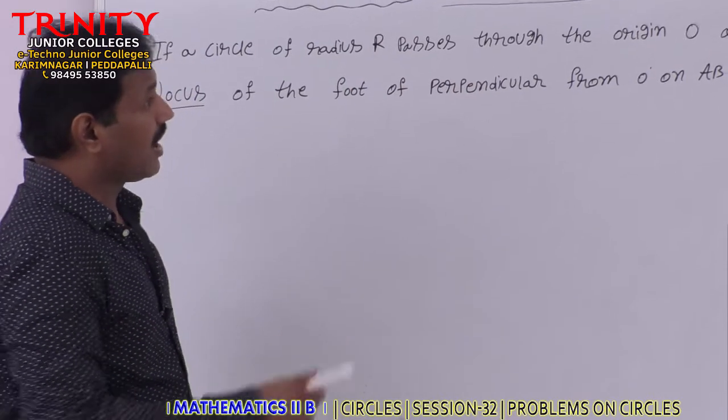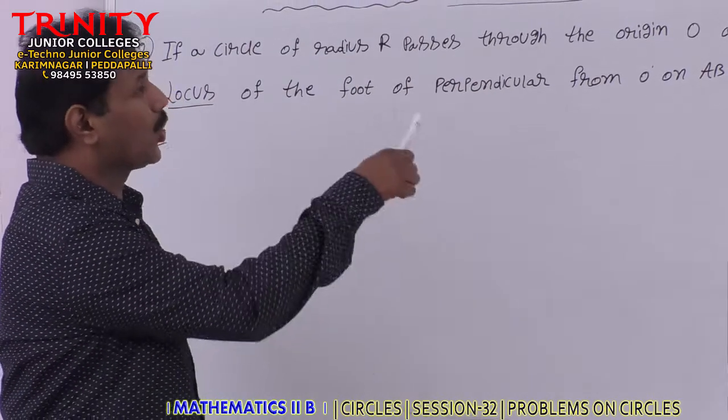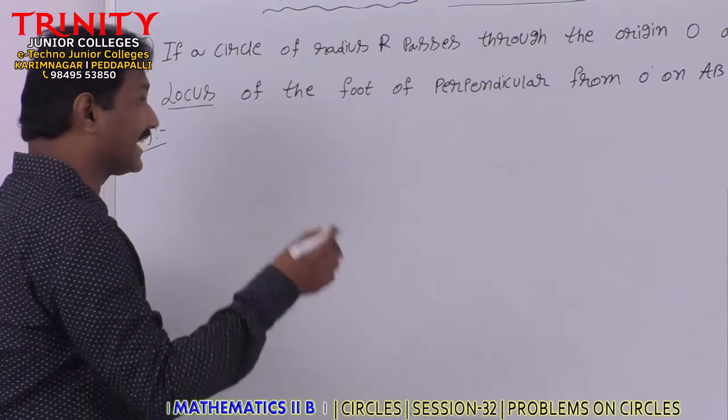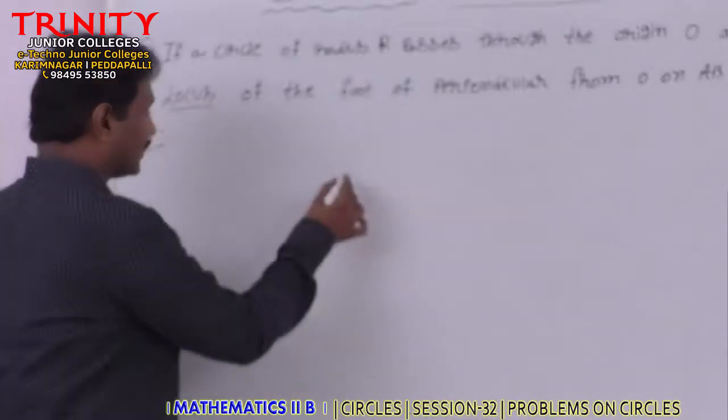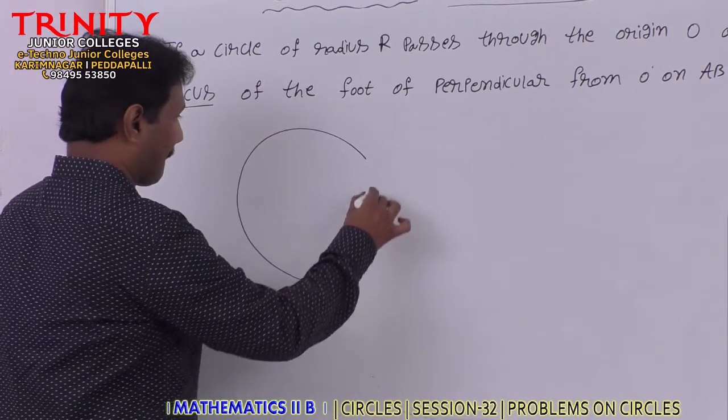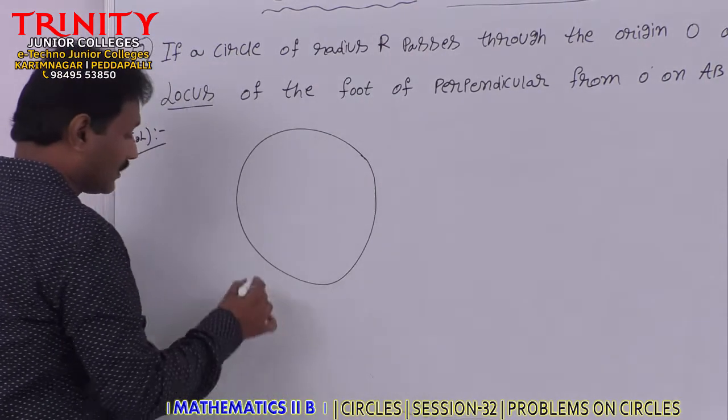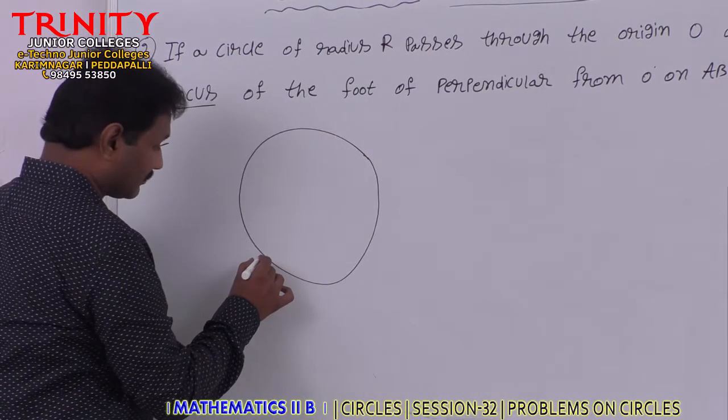This is the circle, which passes through the origin.